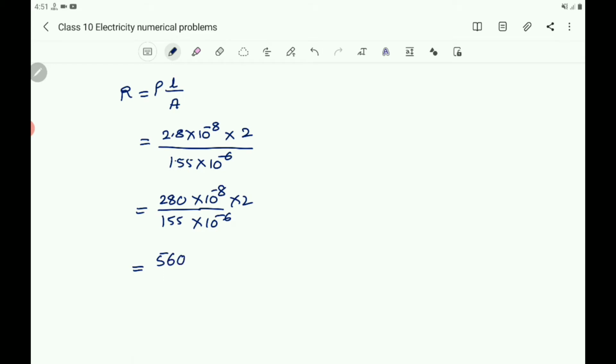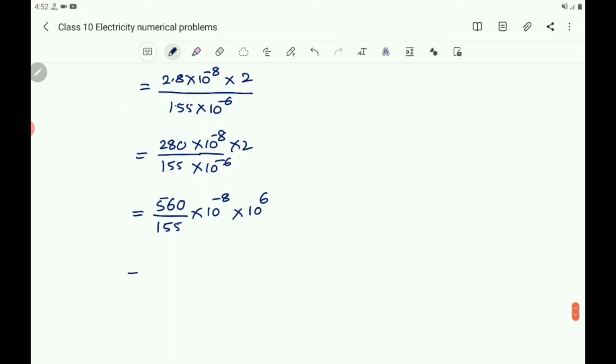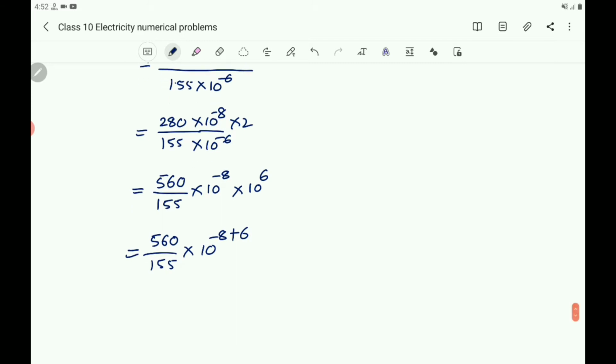So 280 into 2 is 560, that divided by 155 into 10 power minus 8 plus 6. If you take this 10 power 6 to the numerator, it becomes 10 power 6, that equals 560 divided by 155 into 10 power minus 8 plus 6.